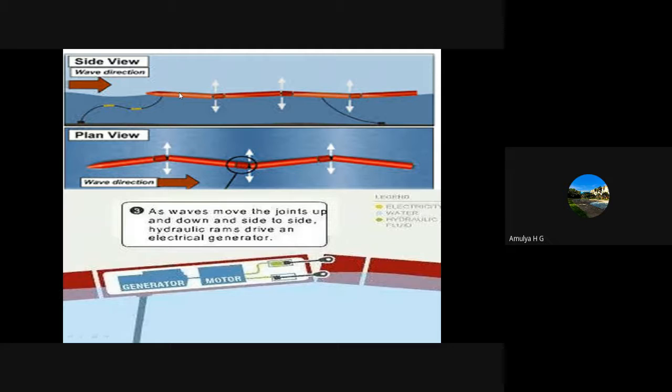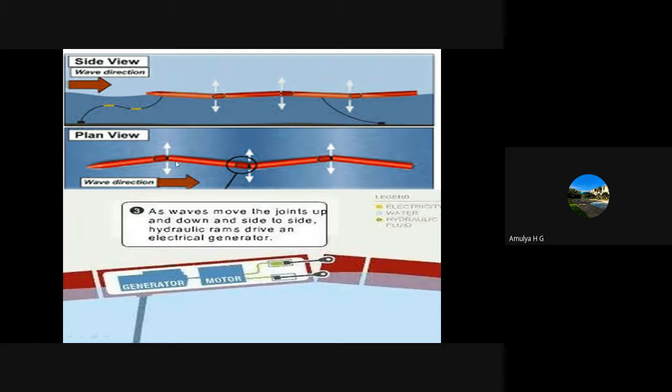You can observe this is the arrangement of the attenuator or the PLMS. One PLMS is divided into three or four modules, and all these modules are connected with the help of tubular joints, so that when the waves approach, the PLMS will be freely moving in the upward or downward direction.